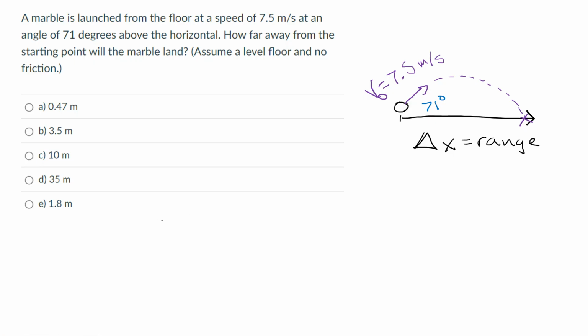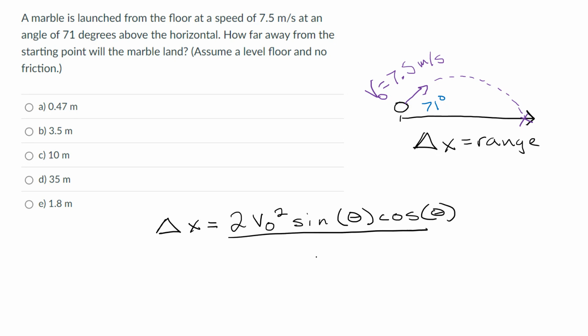The formula for this is that delta x, the range, is equal to 2 times the initial velocity squared, times sine of theta, times cosine of theta, all over g.